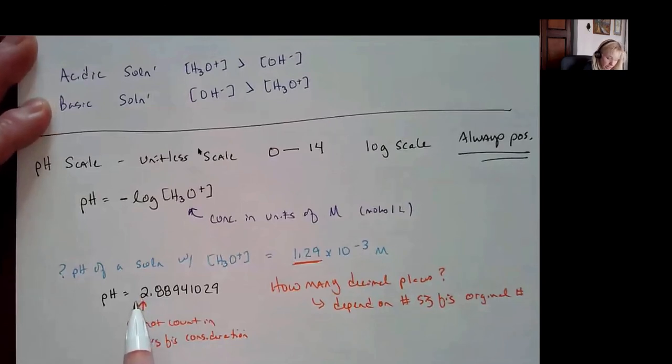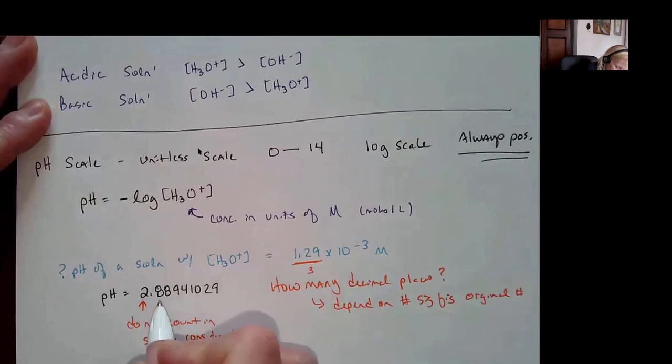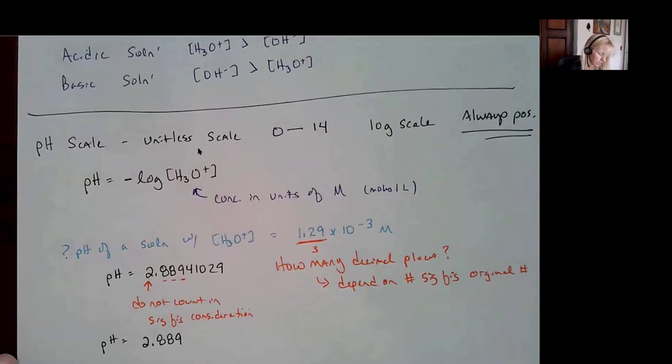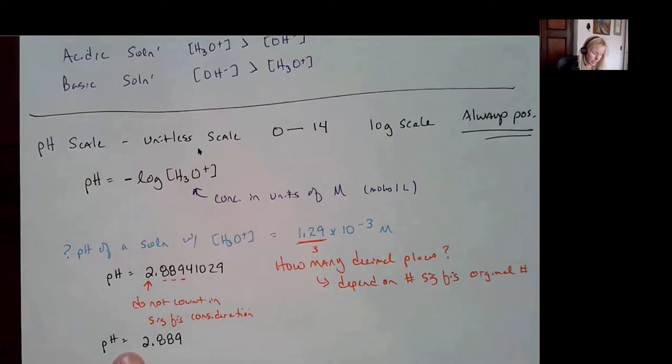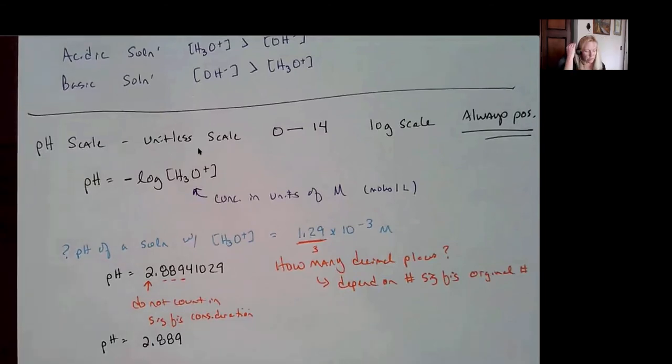I have 2, and then this is where my significant figures are. So if I have 3 here, I'm going to go out 1, 2, 3 decimal places. So the answer that I would report for this is a pH of 2.889. For significant figures, you're going to ignore that first number, and that's going to tell you how many decimal places you're going to go out.